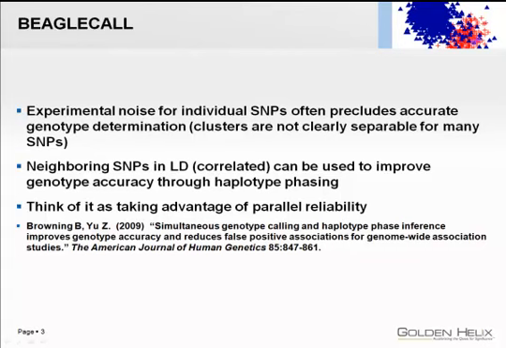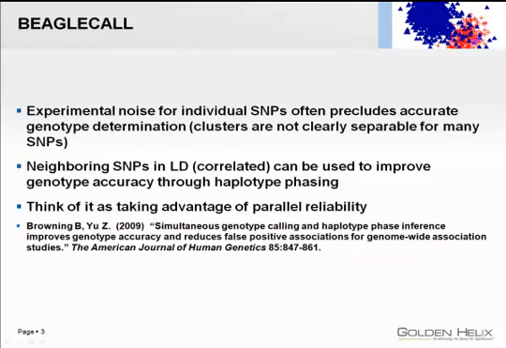And it turns out you can use neighboring SNPs that are correlated or in high LD to improve genotype accuracy. Think of it as taking advantage of parallel reliability. So if I have a SNP here for 1,000 patients and this next SNP beside it, this SNP may be noisy, and even the one next to it, the 5 SNPs around it, may be fairly noisy, but maybe their call rate's 90%.